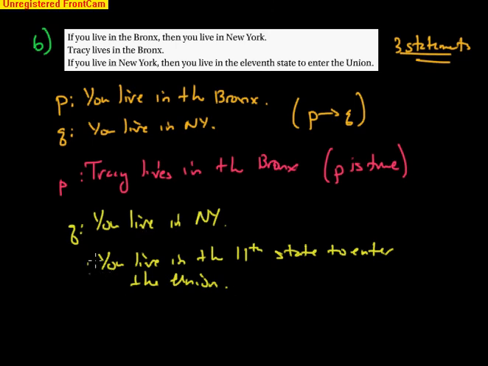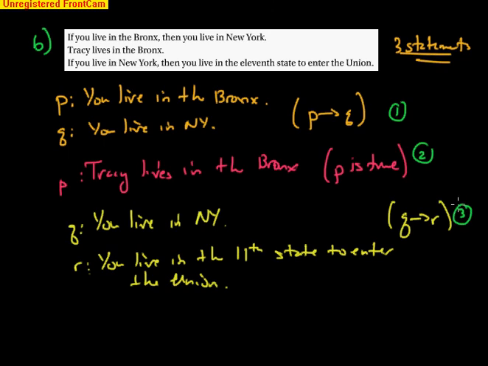And I asked myself, does something else talk about being the 11th state in the Union? No. So this is R. So then together this makes if Q, then R.